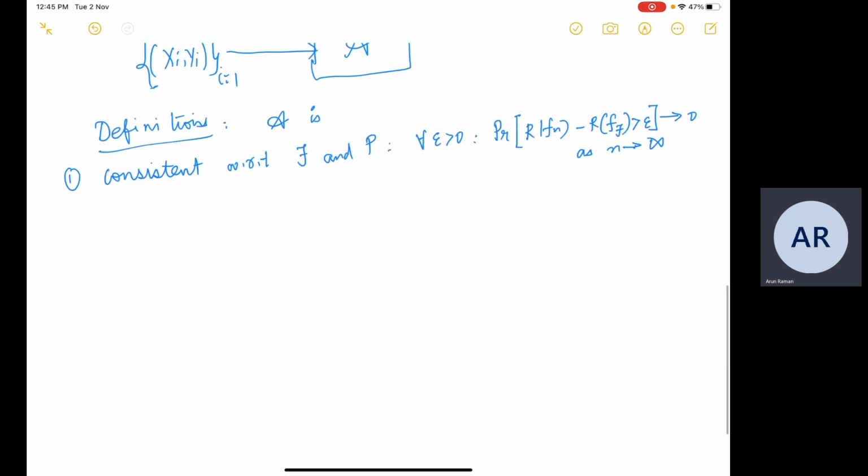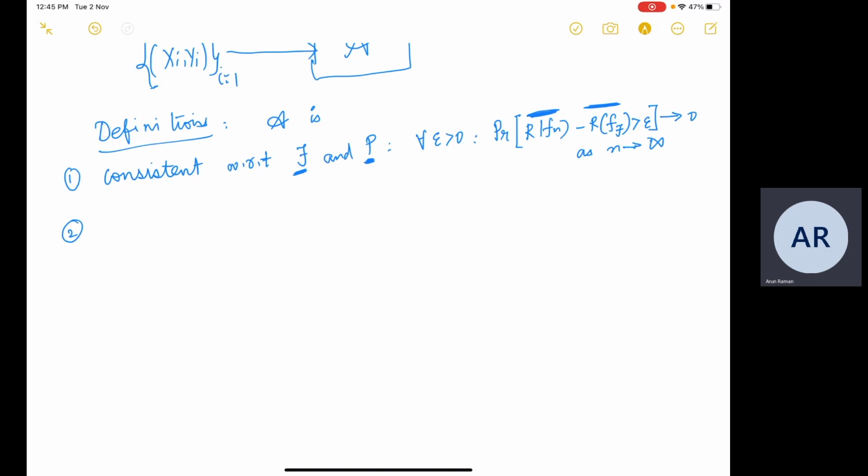So this basically means that if the true risk of the function that has been learned by the algorithm converges to the true risk of the best function in the class, then we say that the algorithm is consistent with respect to the function class and the probability distribution with respect to which the data is being sampled.